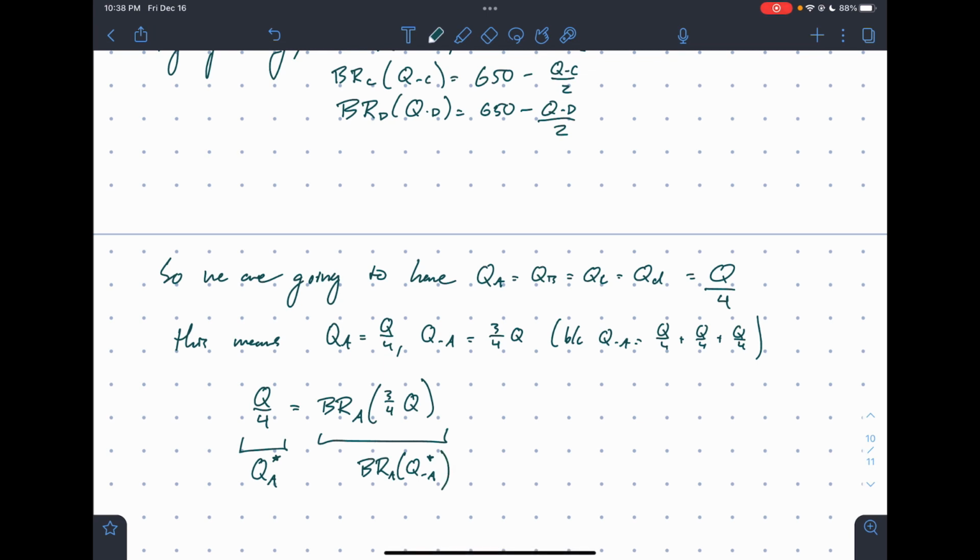I've conjectured that this is the equilibrium quantity of firm A, and that this is the equilibrium quantity of the other firms added together.